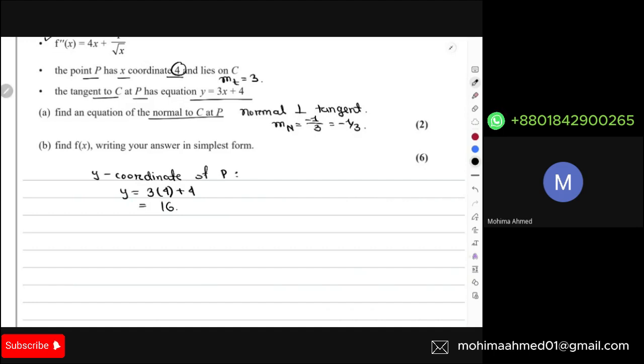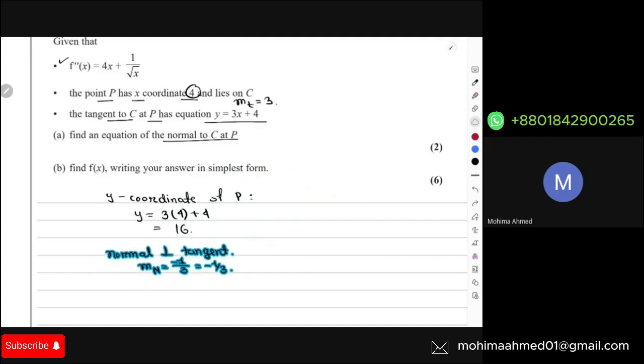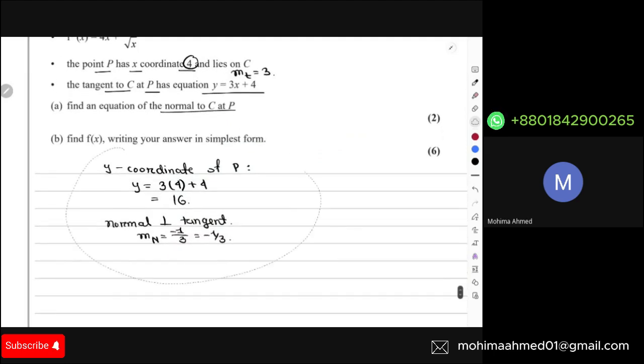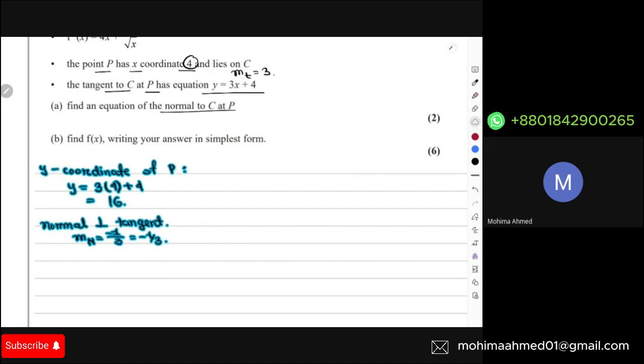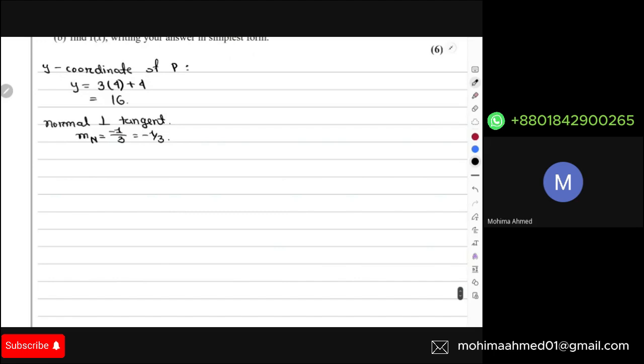But since the equation for your curve is not given, obviously I have to use the equation for your tangent. So eventually we get the gradient for your normal, and the y coordinate for your point is also calculated. We want to find the normal at point P, so I have to work with the coordinate of P, which is (4, 16). So the equation for your normal, I can now easily calculate: y minus 16 equals minus 1 over 3 times (x minus 4).